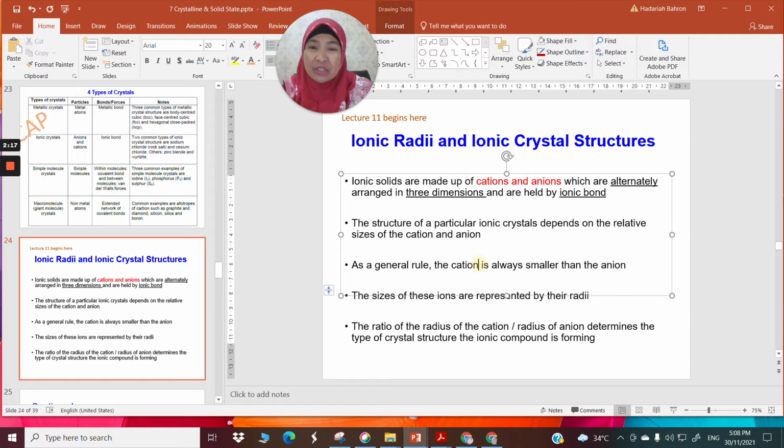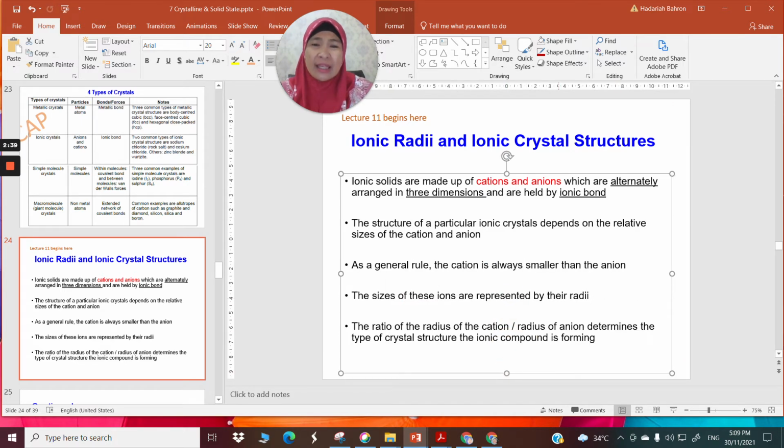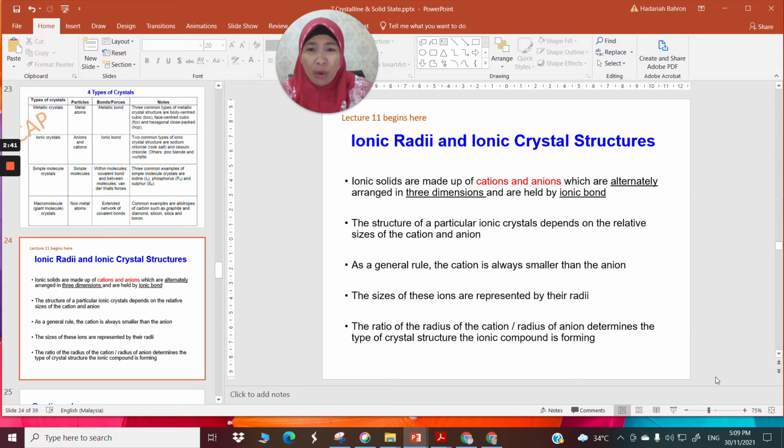A positively charged ion is usually smaller than a negatively charged ion. I explained that in maybe lecture 2. The relative sizes of these ions are represented by the radii, and they will determine what type of ionic crystal you will get.